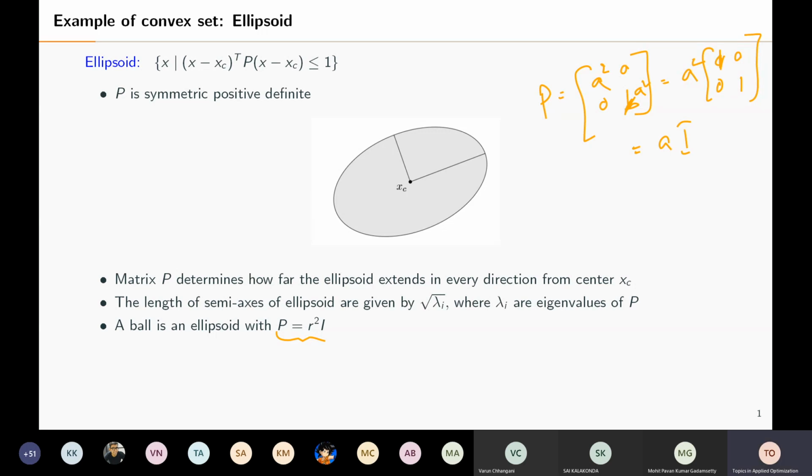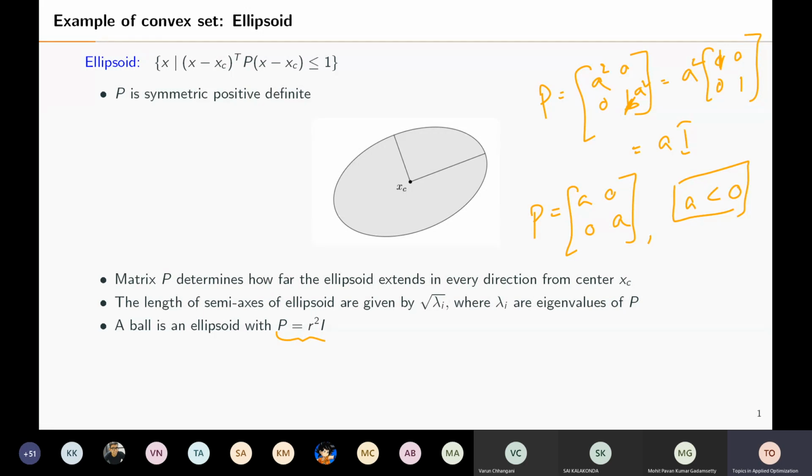What will happen if A is negative, right? That would be interesting to see. So what if P is A 0 0 A, but A is negative? Does it still turn out to be an ellipsoid?